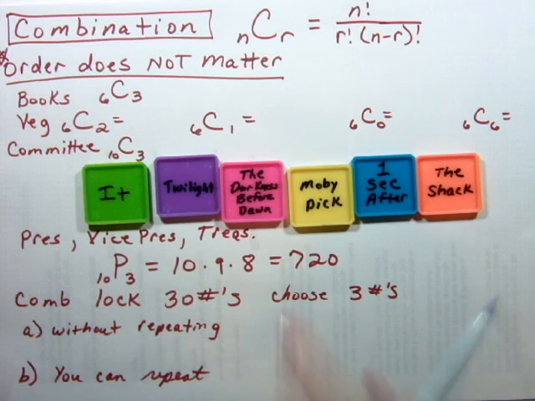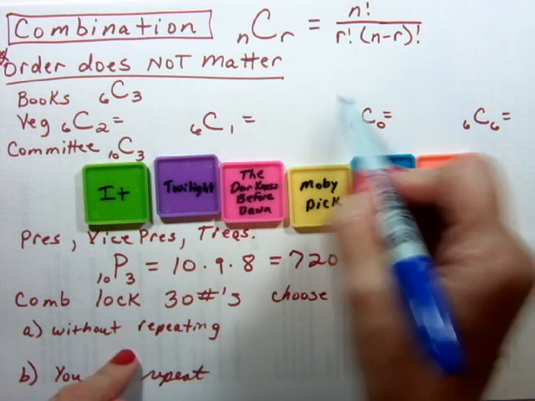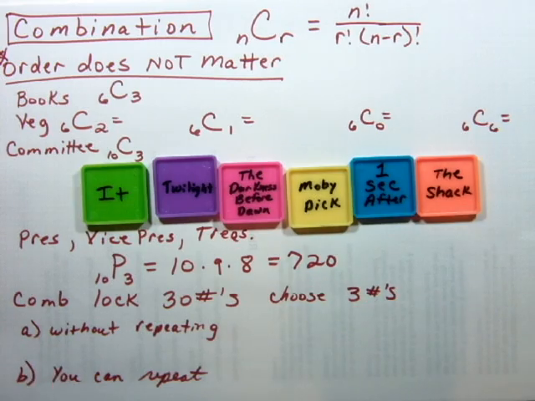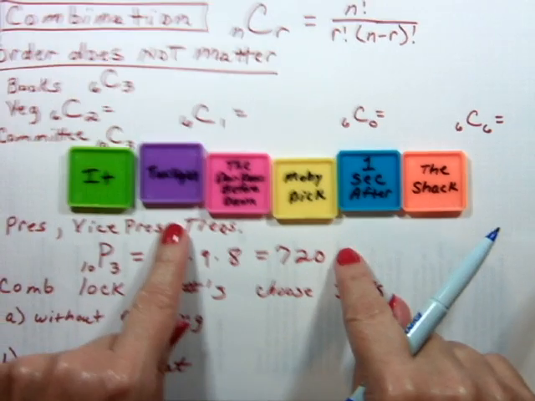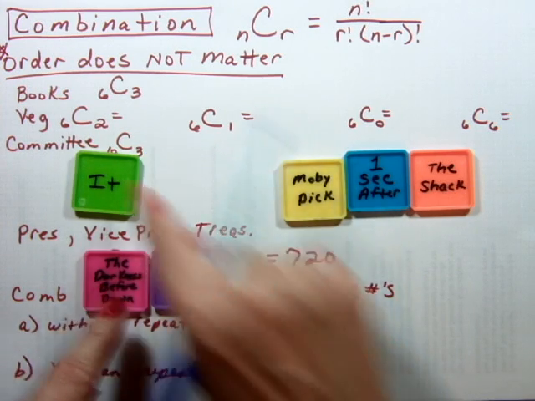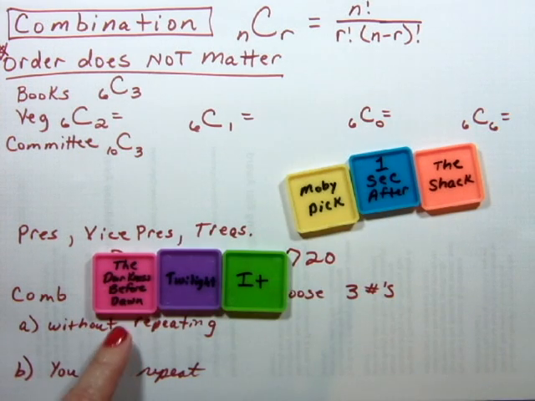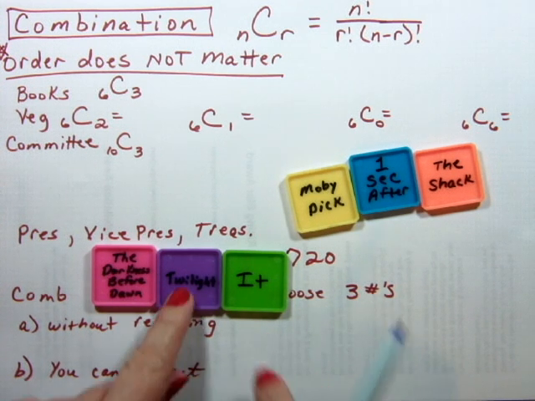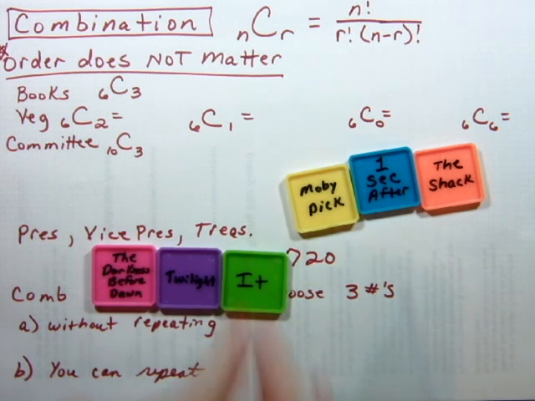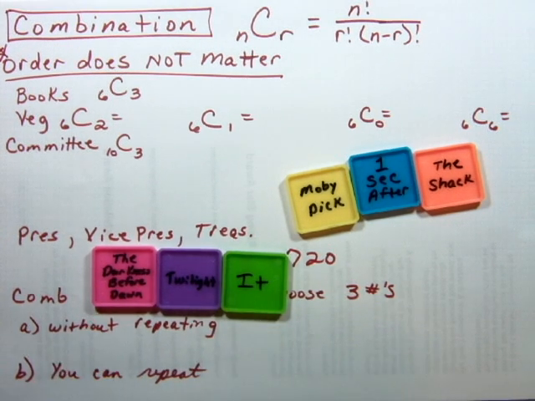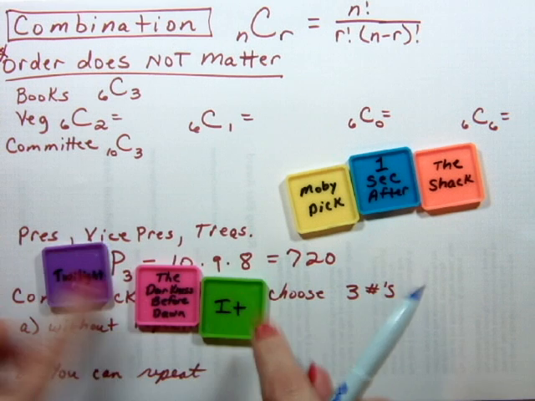Now notice, I can't just draw the underlines and use the fundamental counting principle on this. Why? Because when I did that, order mattered. But if you pick these 3 books, The Darkness Before Dawn, which happens to be a book I wrote, Twilight, and It, that is 3 books, but that's the same 3 books as these.